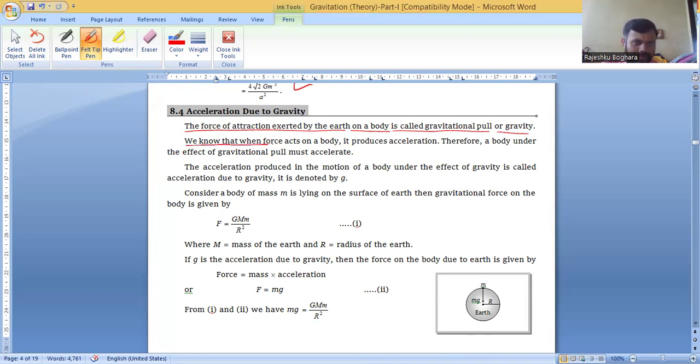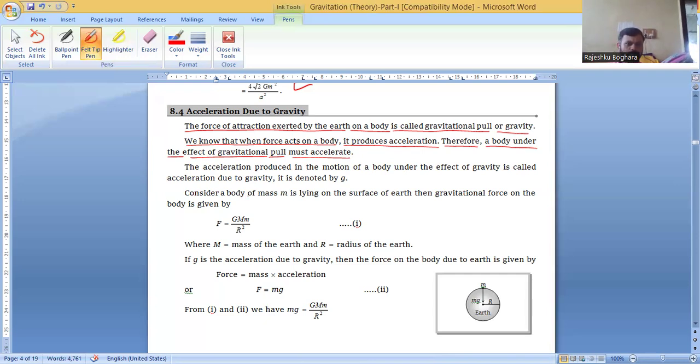We know that when a force acts on a body, it produces acceleration. Therefore, a body under the effect of gravitational pull must accelerate. The acceleration produced in the motion of a body under the effect of gravity is called acceleration due to gravity. It is denoted by g.